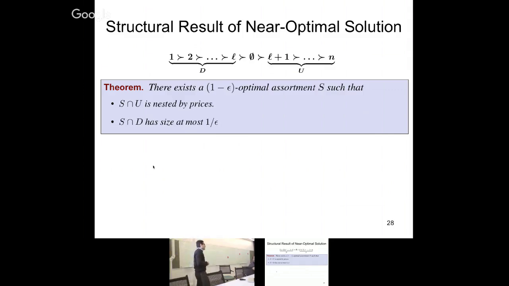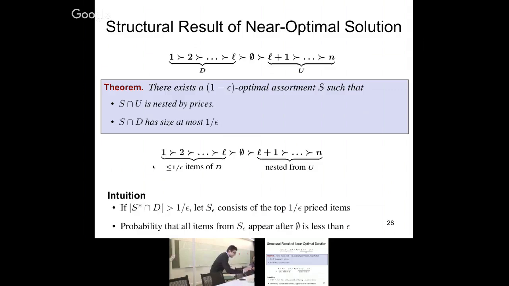The idea is the following: let's say S star is the optimal solution. You look at the intersection with these items and pick the top 1 over epsilon priced items from these. The probability that the null becomes better than the top 1 over epsilon is only epsilon. You just enumerate over this choice.